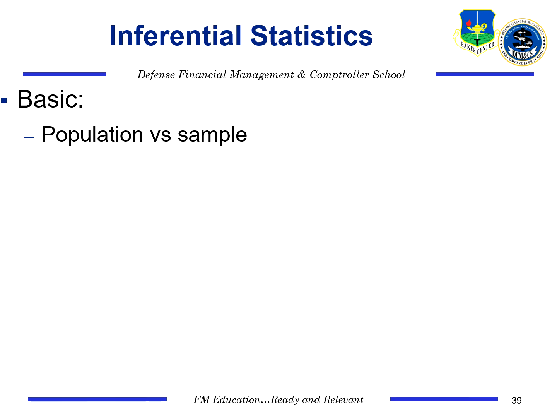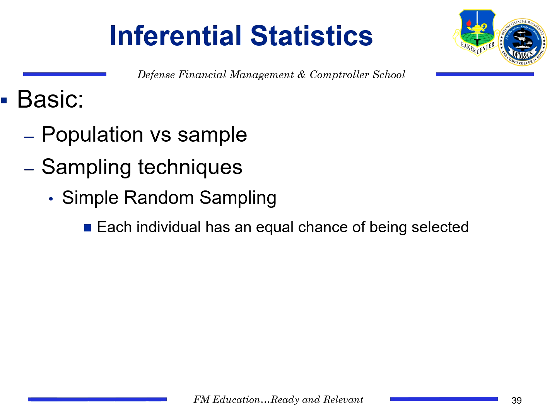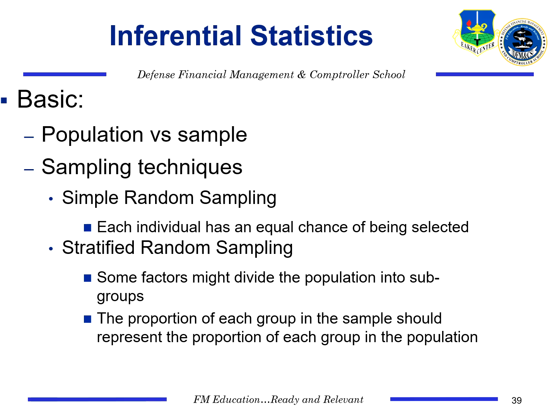So now we're going to look at population versus sample. For different sampling techniques, you have a simple random sampling, where each individual has an equal chance of being selected, and a stratified random sampling, where there are factors that might divide the population into subgroups, and the proportion of each group in the sample should try to represent the proportion of each group in the population.